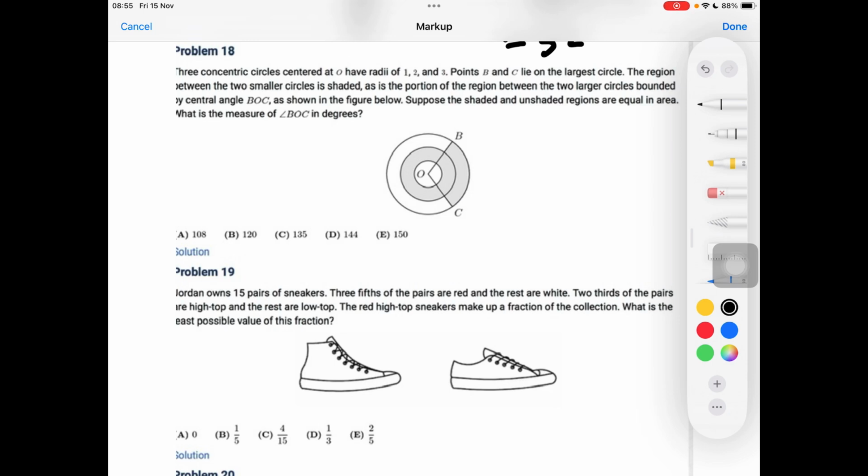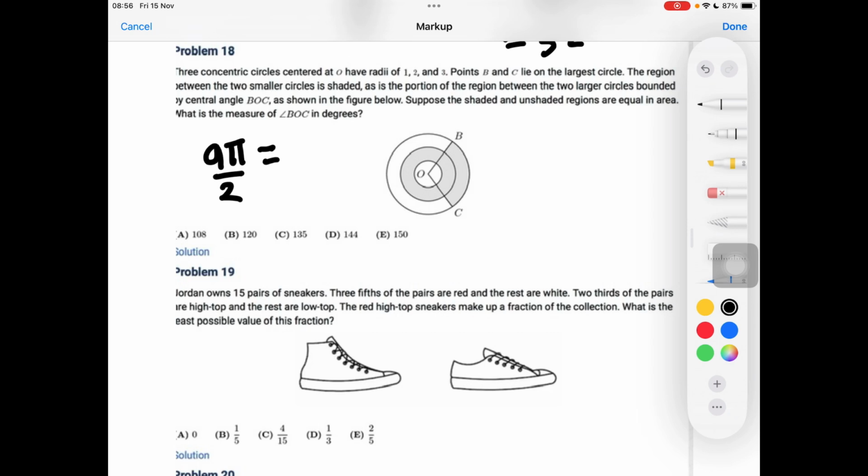So let's see. Then I'll just make it an easier way. So now this is 3. So we know the sum of shaded and unshaded regions area, which is 9 pi. So 9 pi over 2 is the shaded region. So I just do it like this.